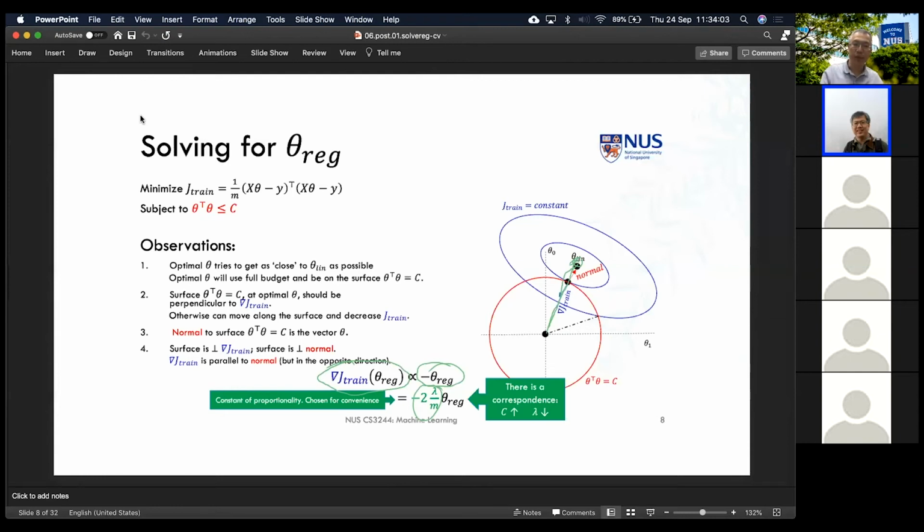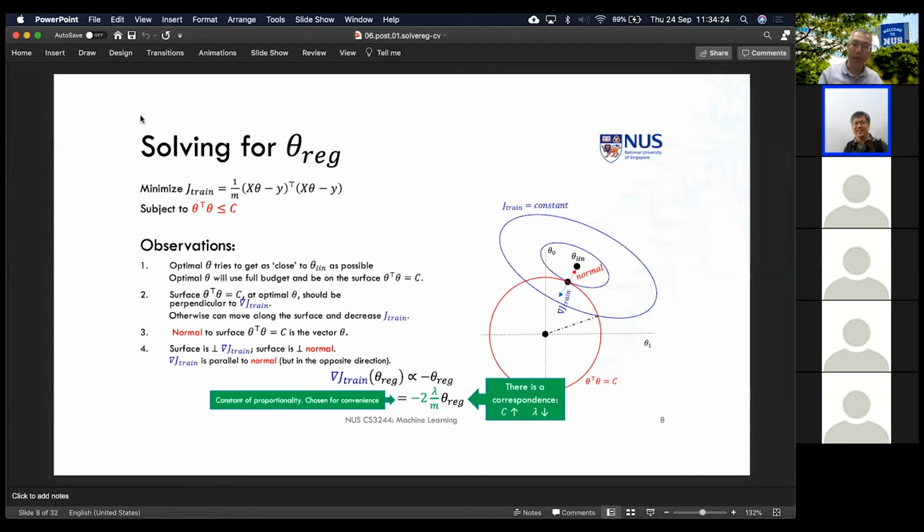The whole point here is that we want you to understand that when we have a certain budget, as defined by our red circle, we are always going to choose a setting of our thetas that is optimal to minimize the cost.